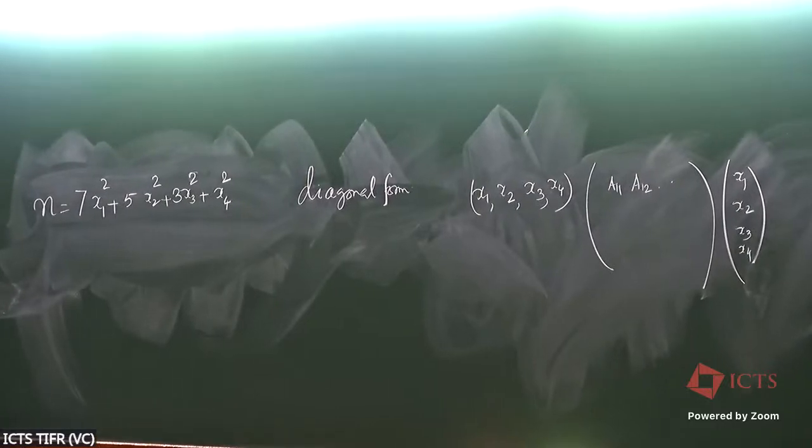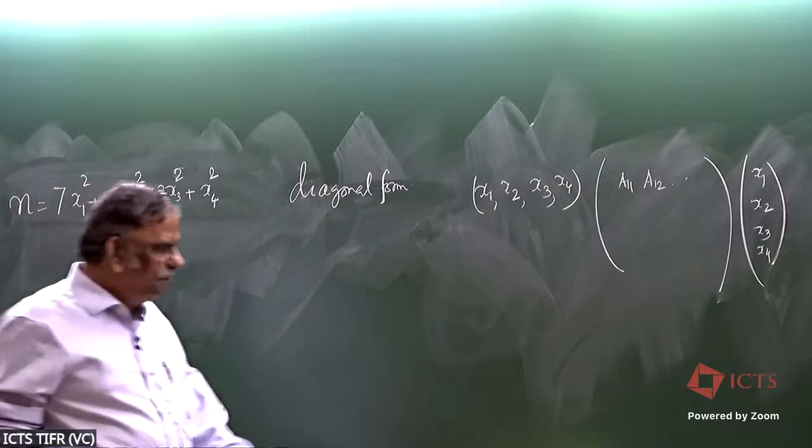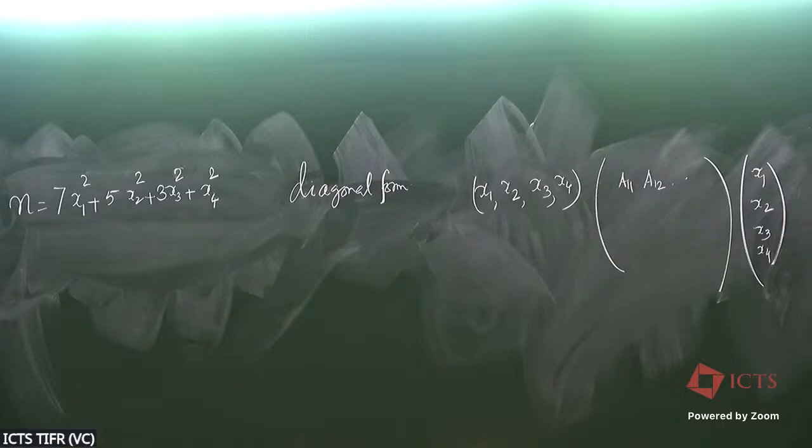And exactly how it will look, let's take a very simple example of 2 variables and let's see what happens.